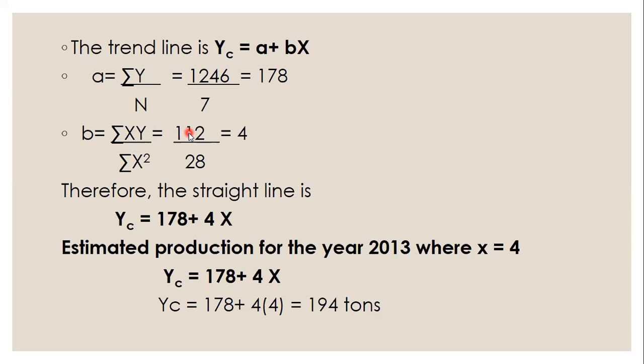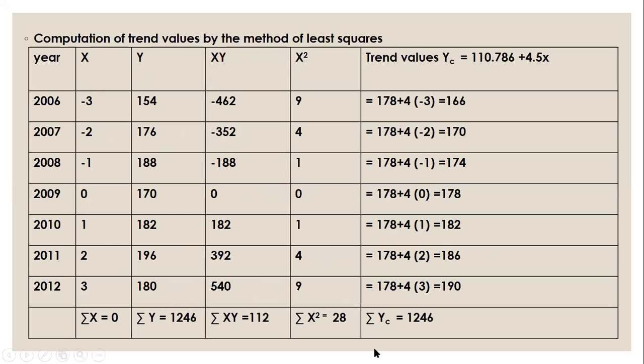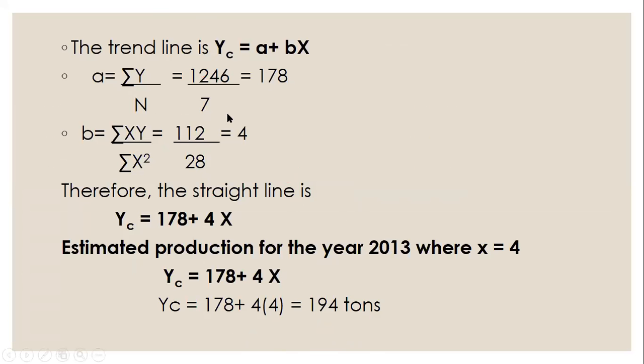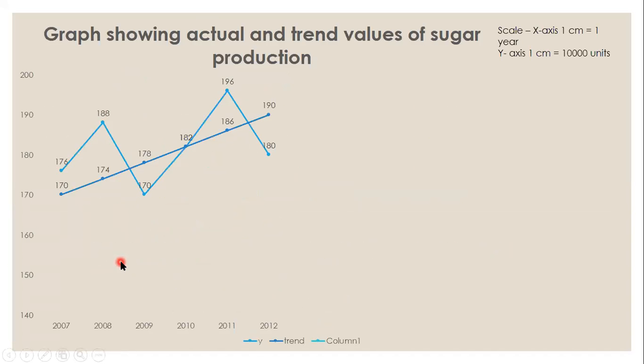That is 112 by 28, which is equal to 4. Therefore, the straight line is, in the place of A, substitute the value 178. In the place of B, substitute the value 4. So 178 plus 4x. This is the total value. So any doubts until here?